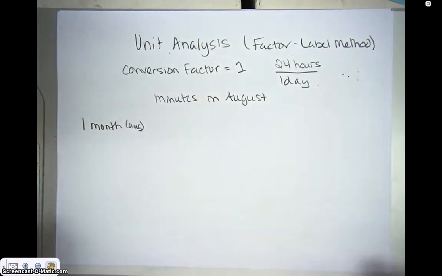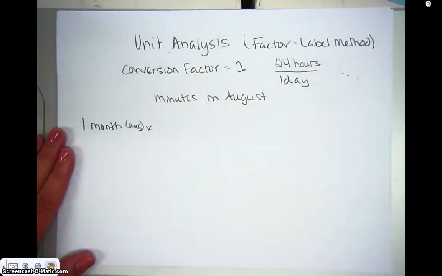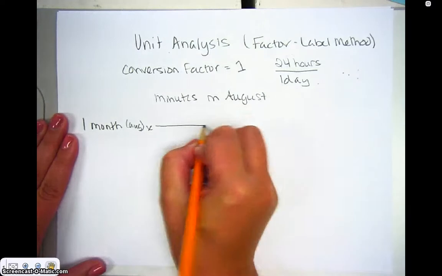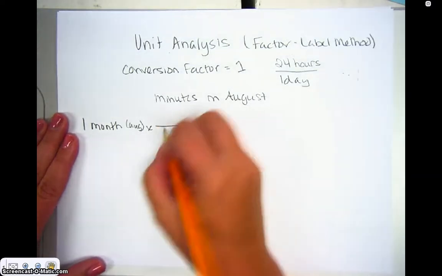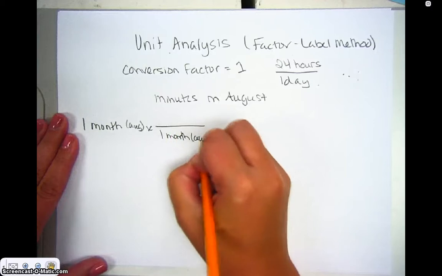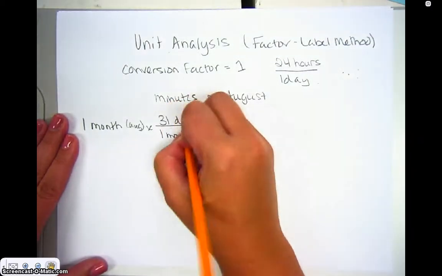Now, we want to take it step by step to convert from months to minutes. The first conversion would be to go from months to days. So we multiply by a conversion factor that's equal to 1. In this case, 1 month of August is equal to 31 days.